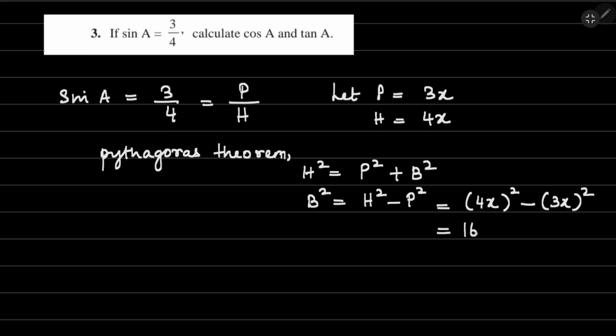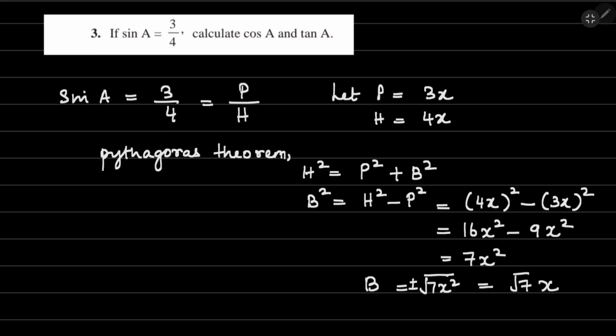So 4 4s are 16x square minus 9x square. What is 16 minus 9? It is 7. 7x square. So what is your base? It is root of 7x square, which is nothing but, you will not take the negative sign, you will just take positive root 7 and then x. This is your base. Right?